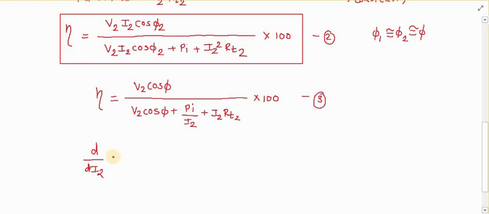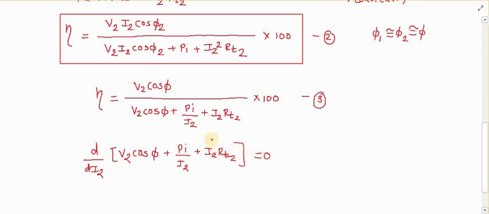So d by dI2 of the denominator. What is your denominator? V2 cos phi plus Pi upon I2 plus I2 RT2. Please students, try to understand what I have done here. See, again I will explain.